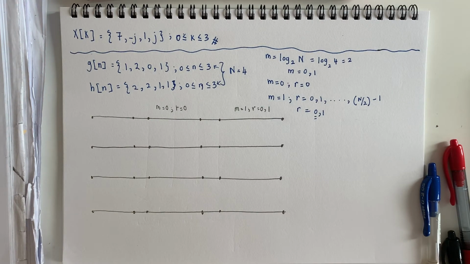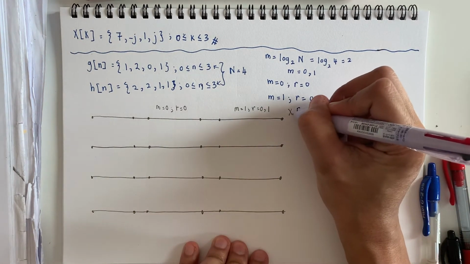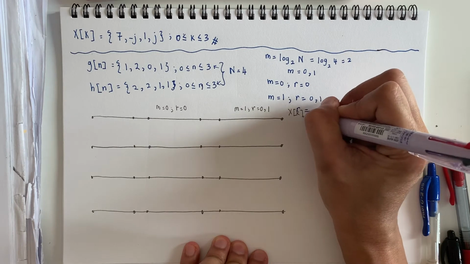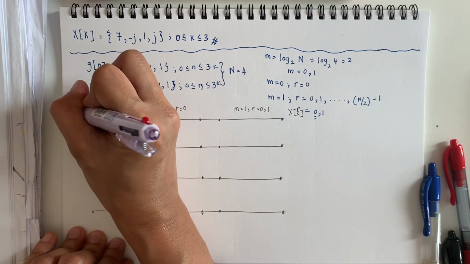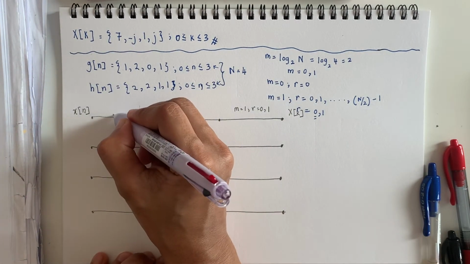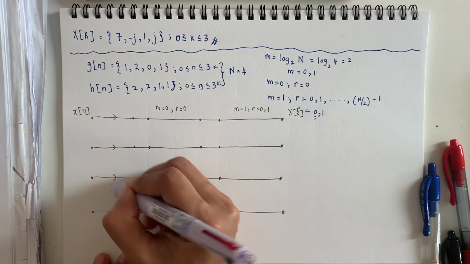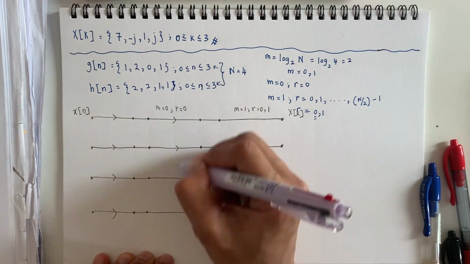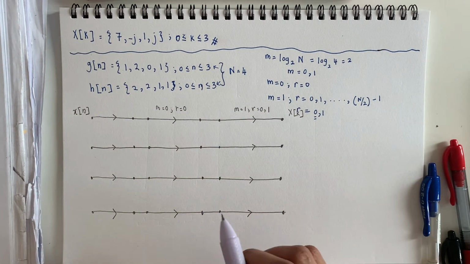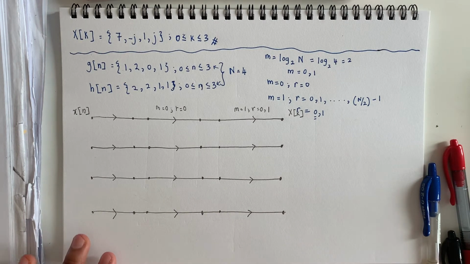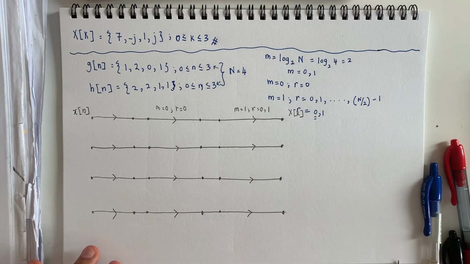Okay, so we have our output Xk, and then we have our input. The arrow is pointing from input to output. Next, you may want to know how many groups you have to create.